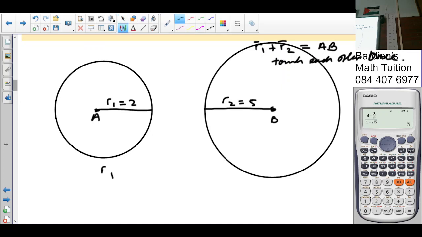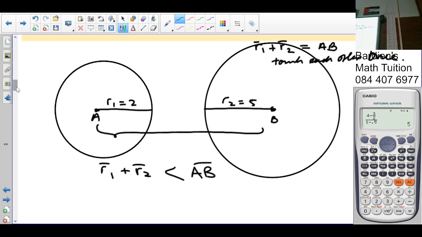You've got the length of radius 1, plus the length of radius 2, and the distance AB now. Which is larger? The sum of the two radii, 2 plus 5, which is 7. Is radius 1 plus radius 2 smaller or larger than the distance between the two centers of the circles? Smaller.